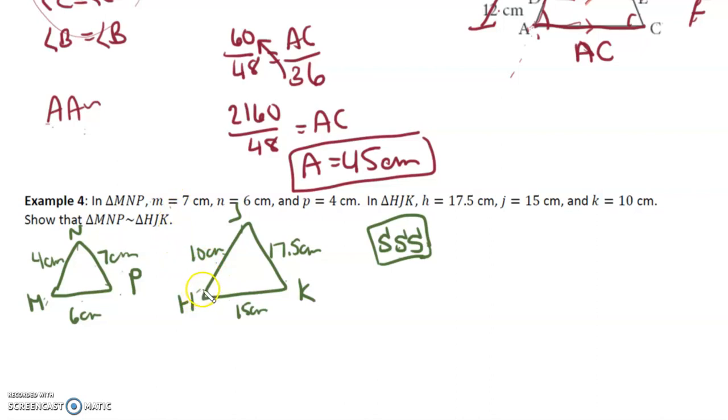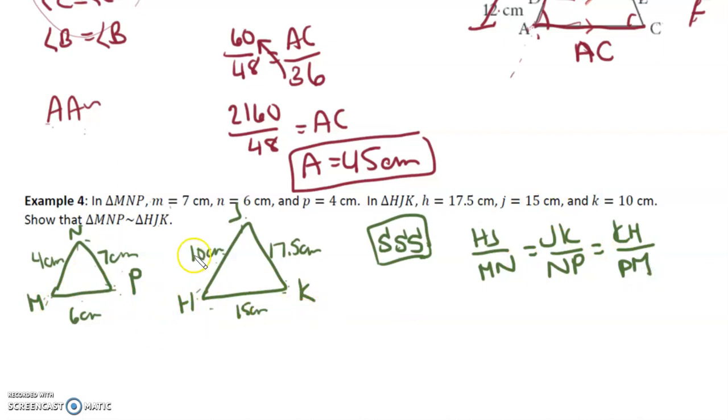So let's go in order. HJ is going to be over MN. JK is going to be over NP. And KH is going to go over PM.